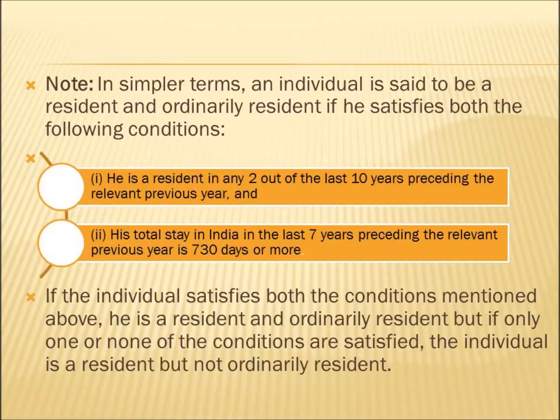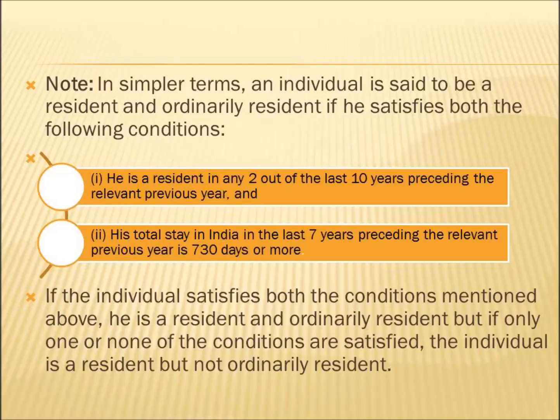Here the 'and' condition applies. If first and second, both these conditions are satisfied, then he will be classified as resident and ordinarily resident. And if only one condition is satisfied or none of the conditions are satisfied, then the individual will fall under the category of resident but not ordinarily resident. So, this is the thing about ordinarily resident and not ordinarily resident.